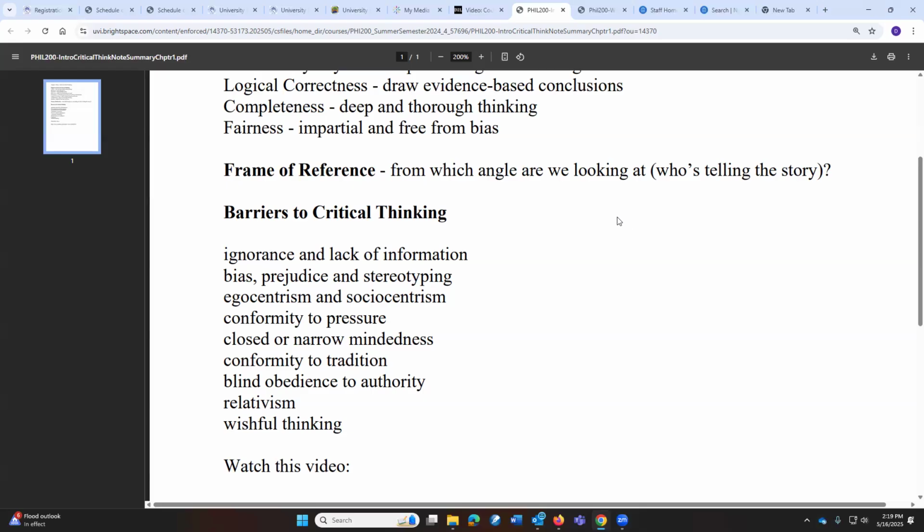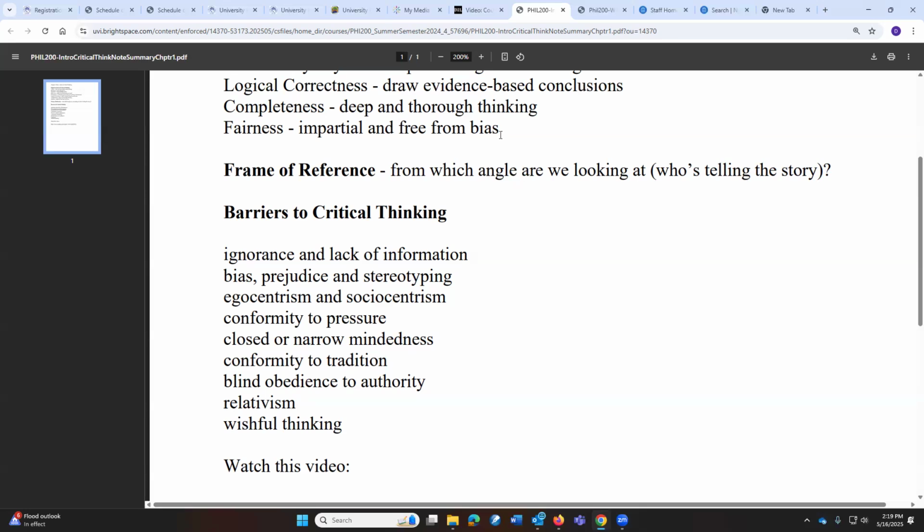This is going to be especially helpful when we're looking at news and watching movies and television shows or looking at social media and those kinds of things, because all of them might have a particular angle or point of view that they're trying to support or push. So we need to know that.